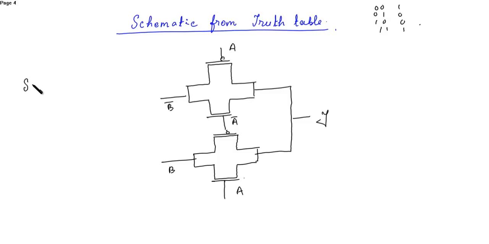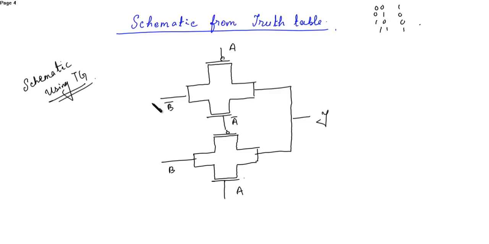So this is the schematic using the transmission gate. Now if you want to verify, we can verify the truth table, but that we will do later on. First let's draw the twisted schematic.